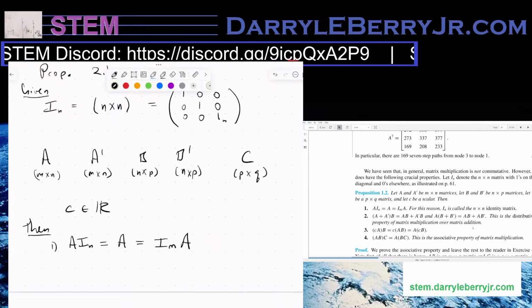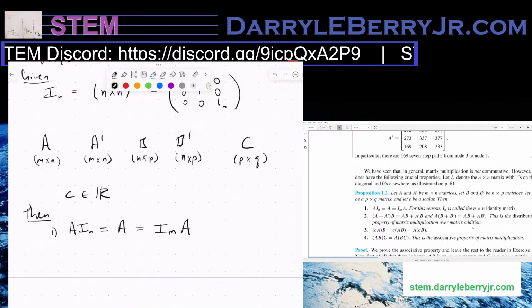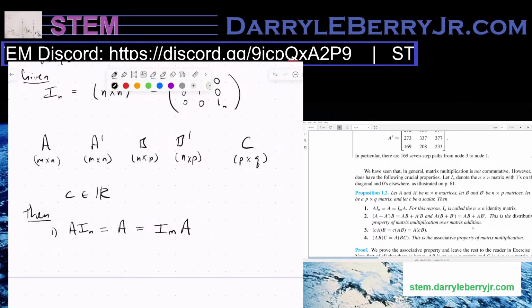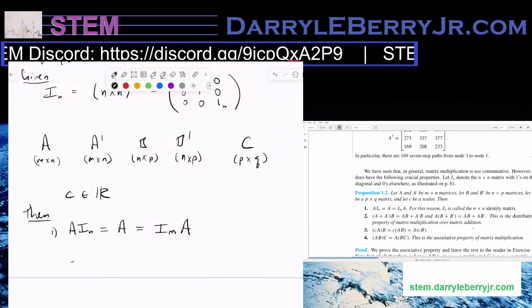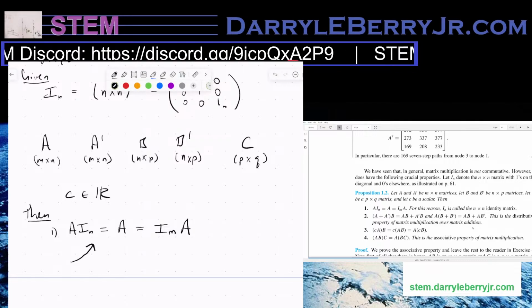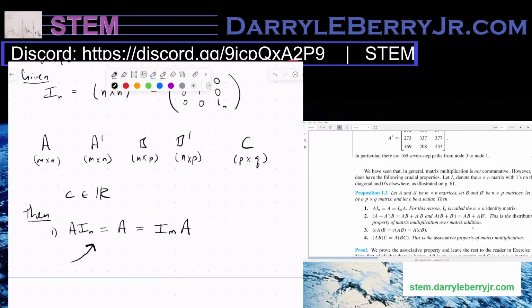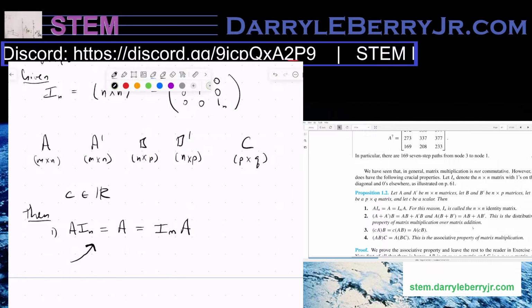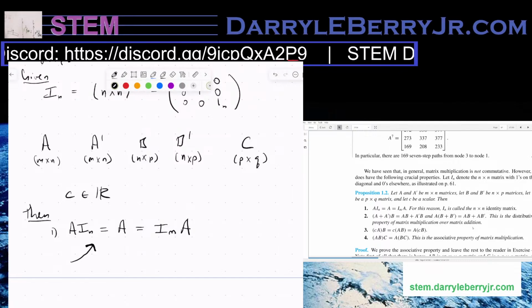So A times the identity matrix with the number of columns equals the same thing as the identity matrix in front with the number of rows.